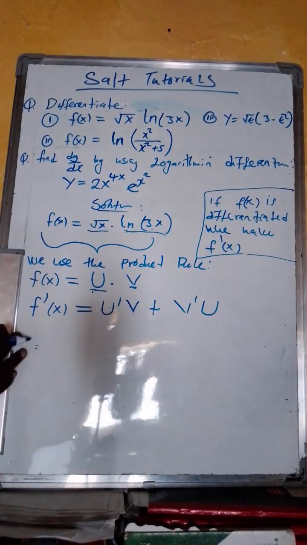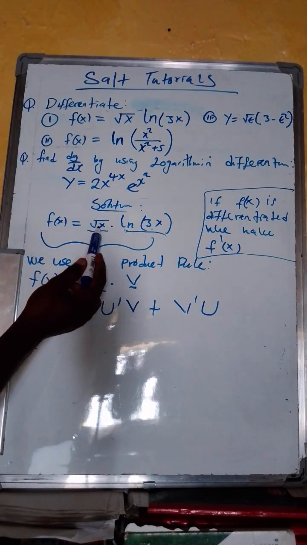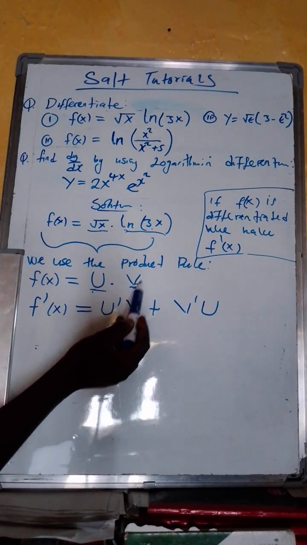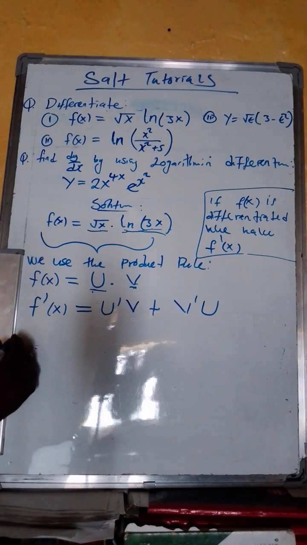This is the formula for the product rule. In this case, u is root x and v is the natural log of 3x. So what I need to find is my u prime and my v prime.